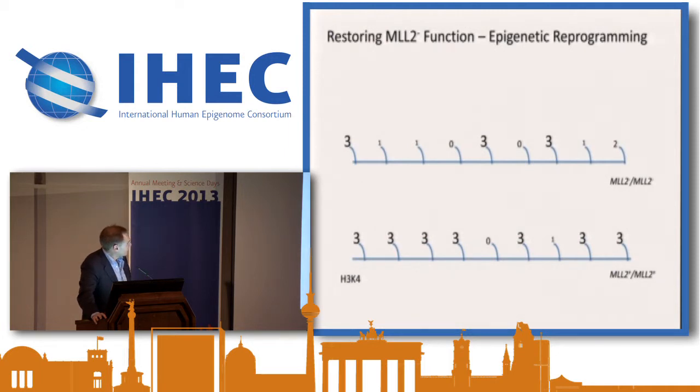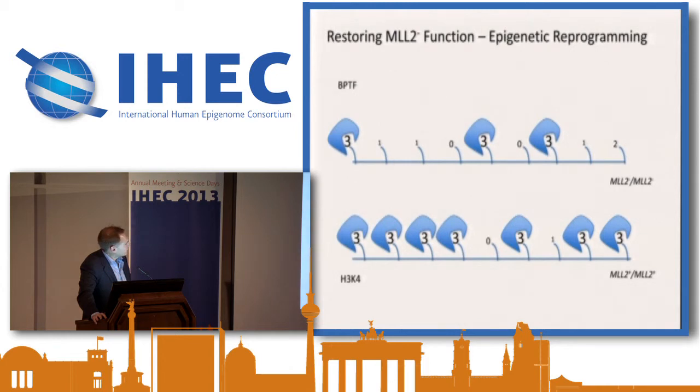Essentially, on this slide, in a normal cell with functioning ML2, in the desired regions, we should see a nice binding of BPTF across the trimethylated forms, and presumably there'll be other lower methylated forms hanging around as well. And in the cancer, one of the reasons why it's a cancer is because it's lacking these trimethylations, and BPTF isn't able to bind.